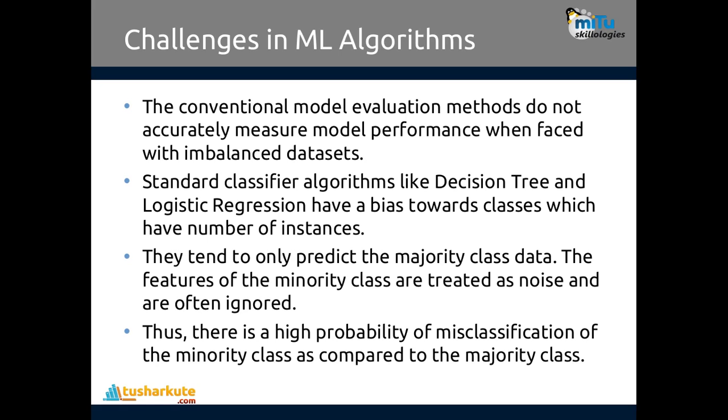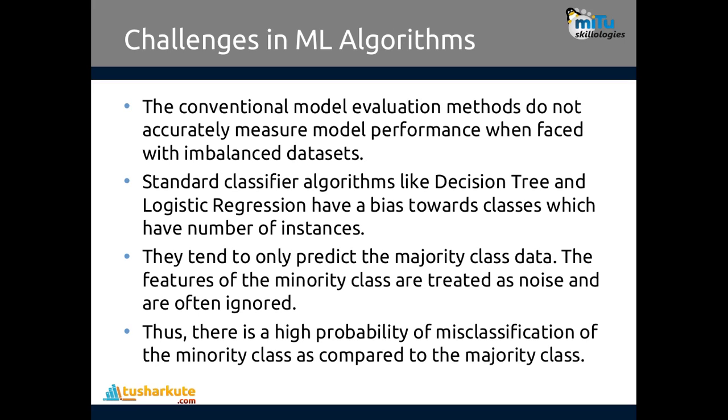The conventional model evaluation methods do not accurately measure the model performance when faced with imbalanced data sets. Standard classifiers like decision tree and logistic regression have a bias toward the classes which have a large number of instances. Remember this, they are biased toward the classes which have a large number of instances. Means if you're having more instances for a particular class, the bias will be towards that particular class. You can observe that in the confusion matrix.